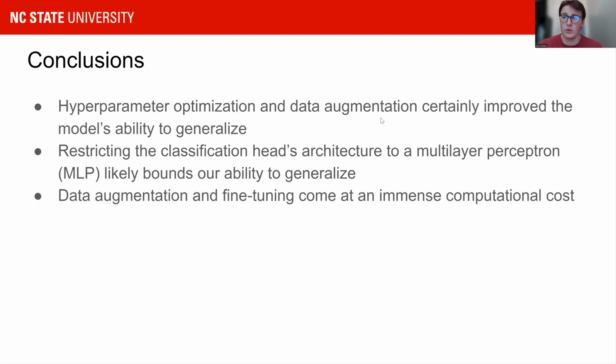Obviously, they did their job. We do want to go a little bit further, as I mentioned on the previous slide. The architecture for the classification head was very simple, so we didn't do much with that architecture, but we wanted to optimize what we did have. And finally, if you want to perform data augmentation optimization, it comes at an immense computational cost, so you've got to be careful. But that's all we've got. Thank you.